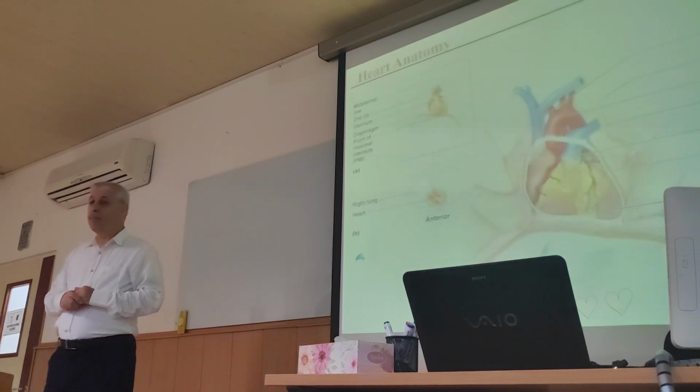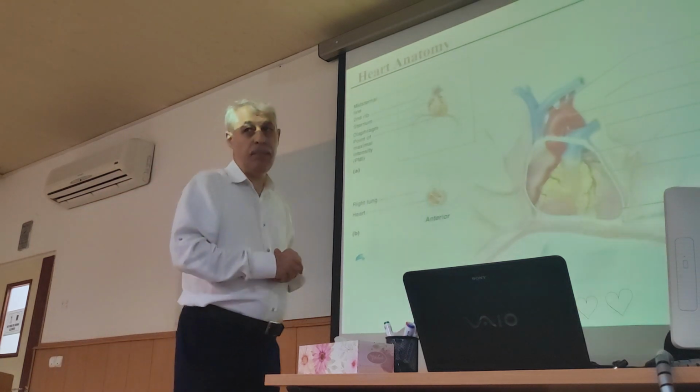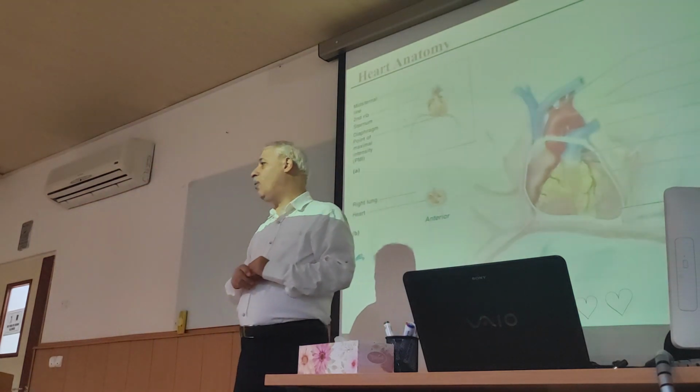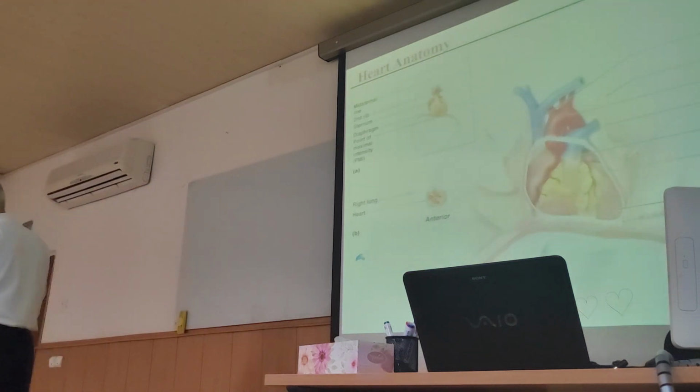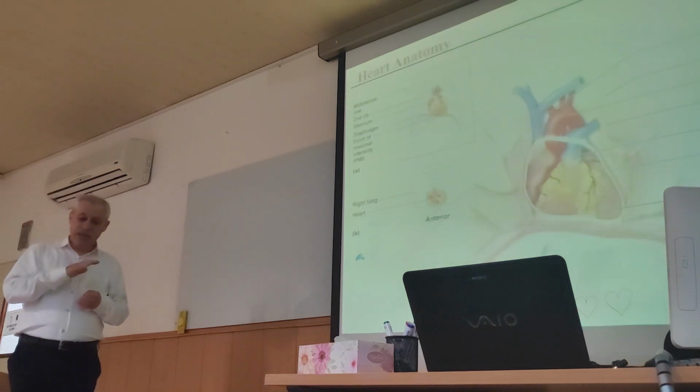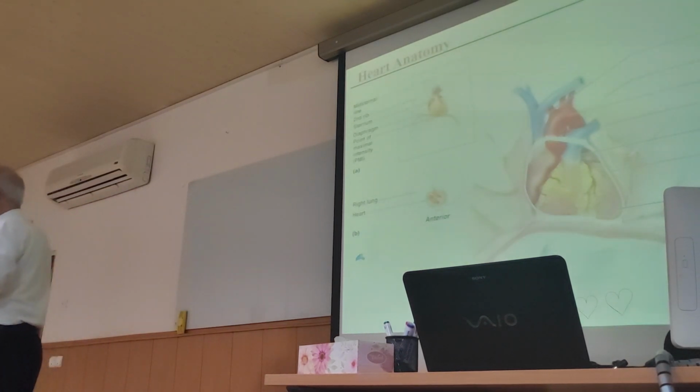Three layers. The myocardium, which is composed of the myocytes, is very thick. The endocardium is the same endothelial layer of the vascular beds that are coming into the heart. It is a very smooth layer in the inner part of the heart.